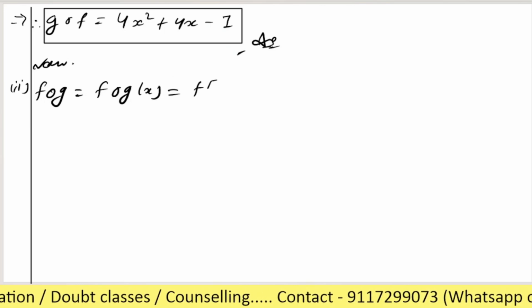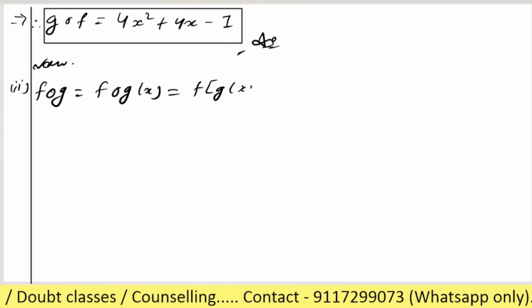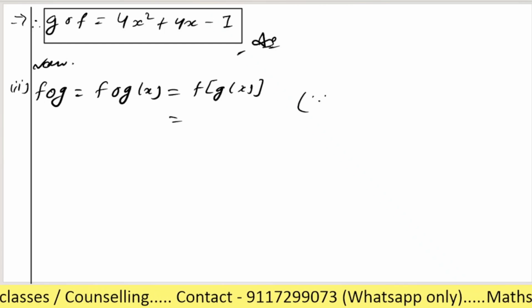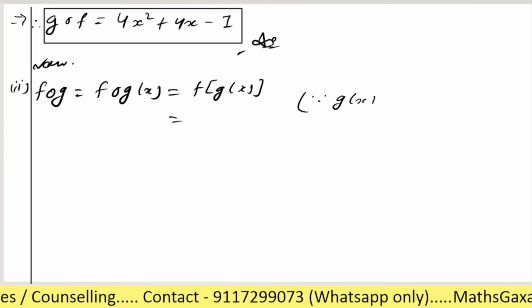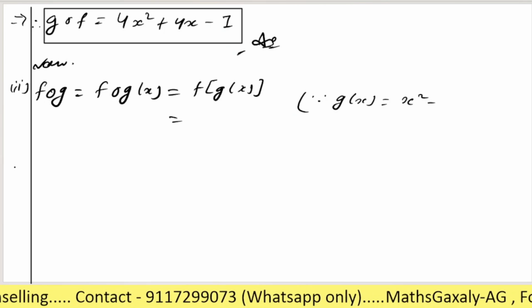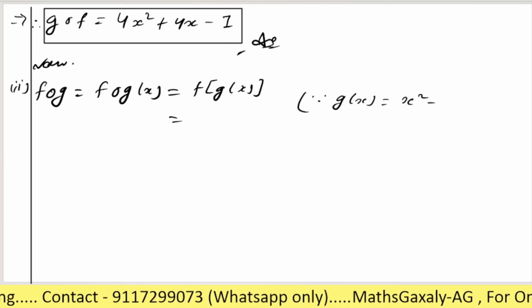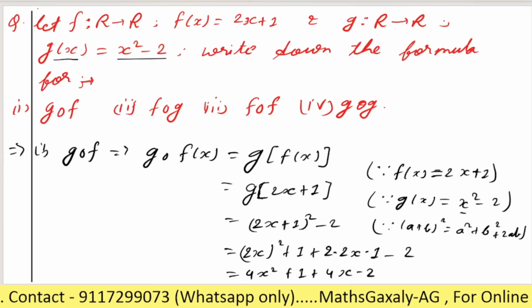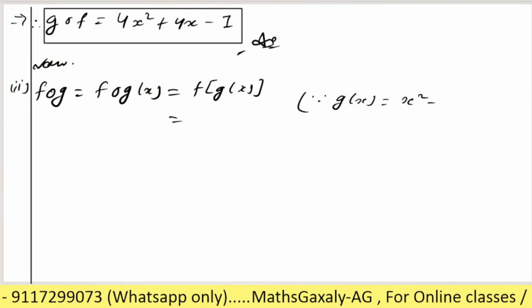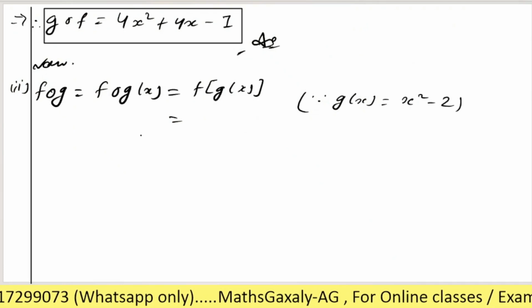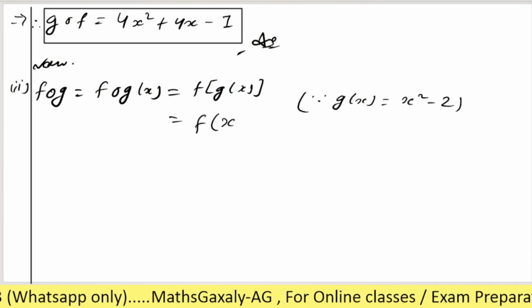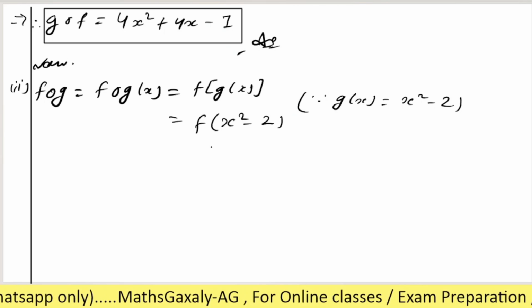Since gx is equal to x square minus 2, in the place of gx we will write x square minus 2.